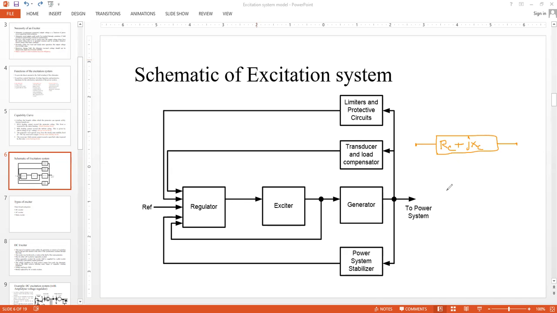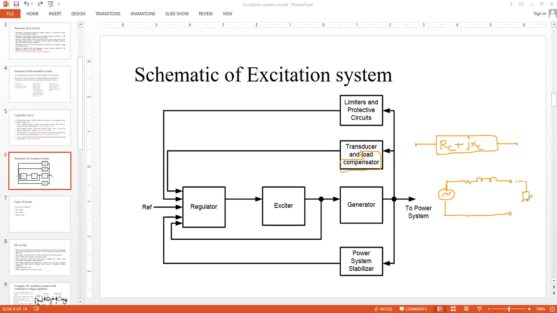So if we want to draw the equivalent circuit of a generator, I'm talking about the job of the load compensator now. The stator circuit, pretty simply, the per phase equivalent circuit could be drawn in this manner. Once this is loaded, let's say the load is here.